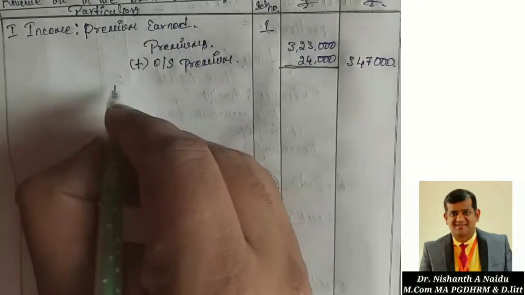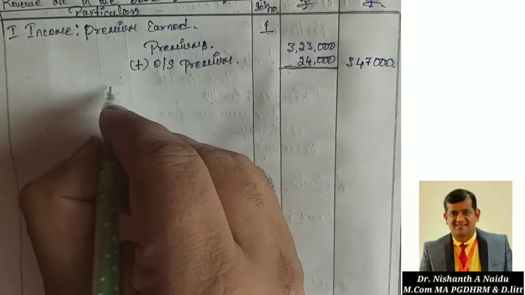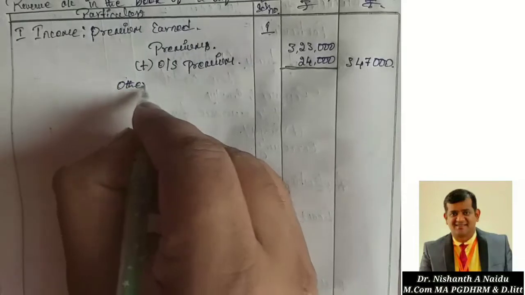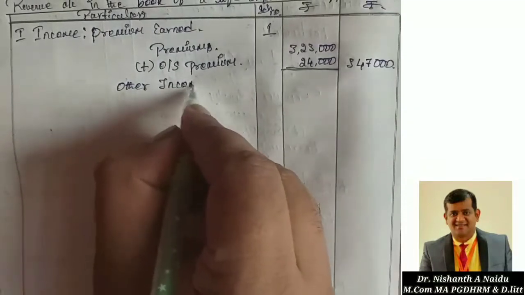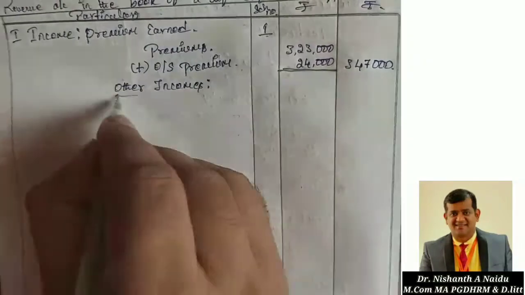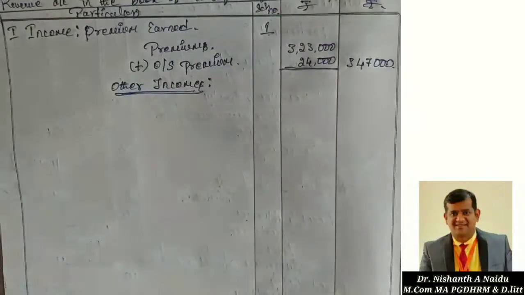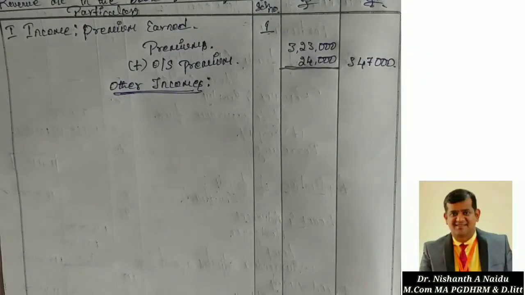So next what you have to do? Other incomes. Just check out in the problem. This also I have already made you mark in the problem, correct? So that is in other incomes. Always we get only one item, that is interest and dividends. So check out, are interest and dividends there or not?